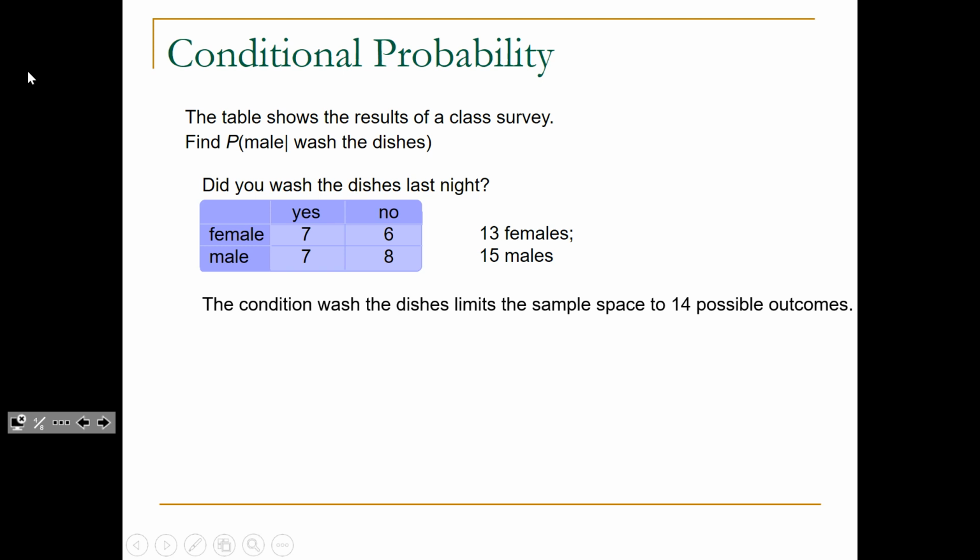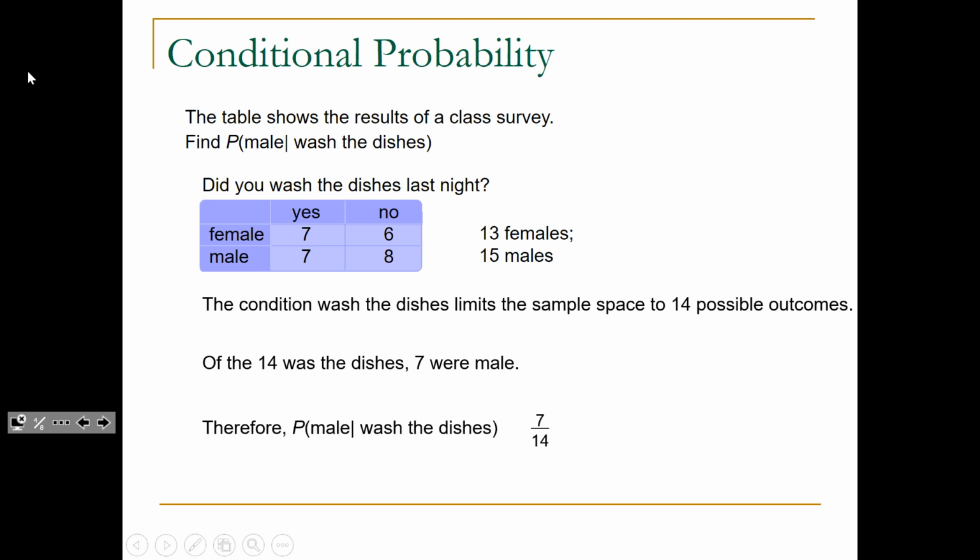So the condition, wash the dishes, automatically limits our sample space to only the people who said yes, which was 14 total. Then we look back, how many of those are male? 7. So of the 14 that wash dishes, 7 of them are male. So the probability of a male that washes dishes would be 7 out of 14.